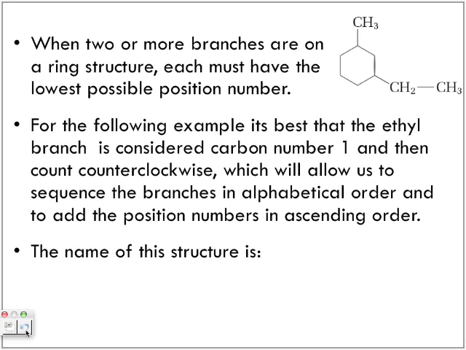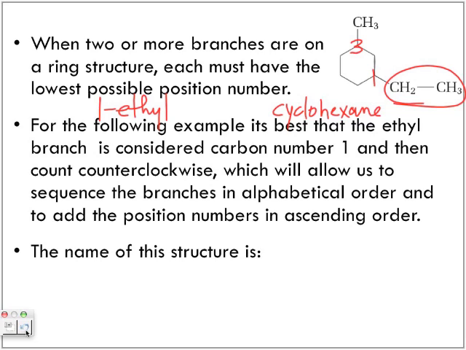So, therefore, the name of this structure. We've got in this chain a hexane group. It's circular, so it's a cyclohexane, right? We've got an ethyl group on the number 1 carbon, and we've got a methyl group on the number 3 carbon.